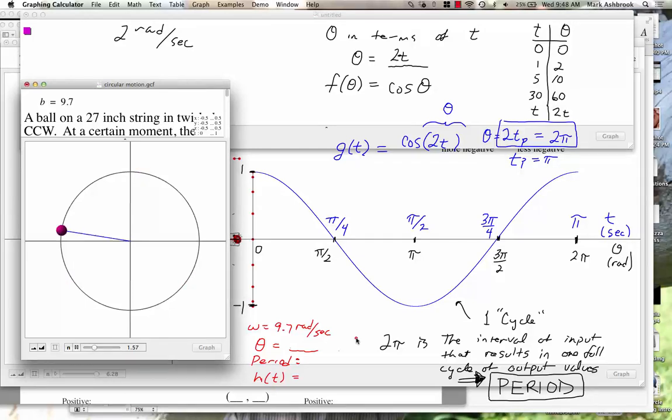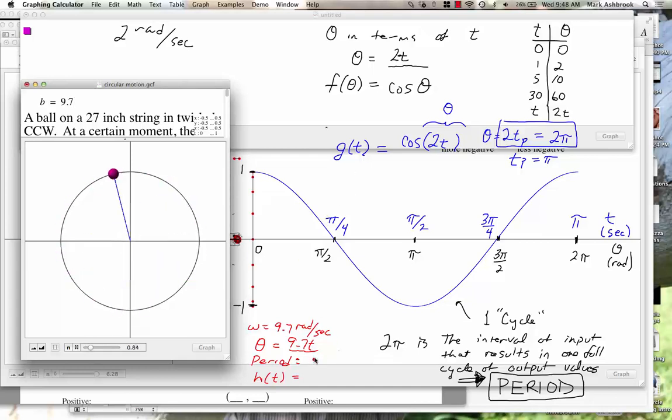Okay, Josh, tell me. Theta equals? 9.7 t. For every 1 second that goes by, this thing goes 9.7, so in t seconds, it'll go 9.7 t. How do we find the period? How do we set up finding the period? Jed?